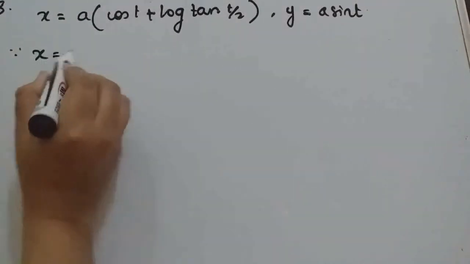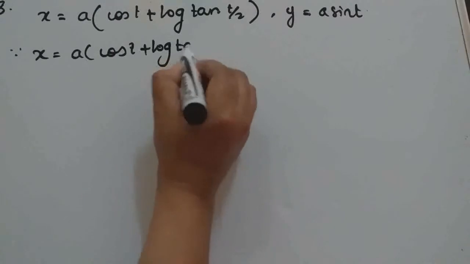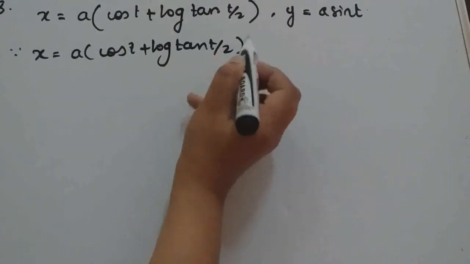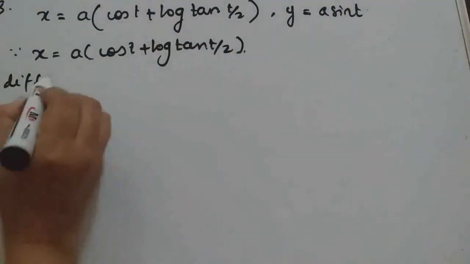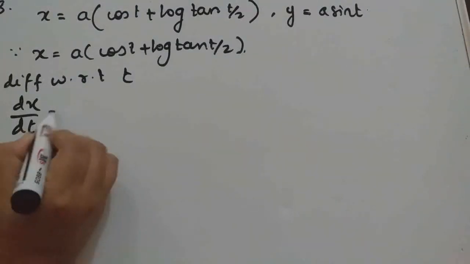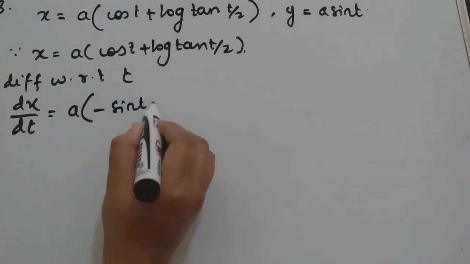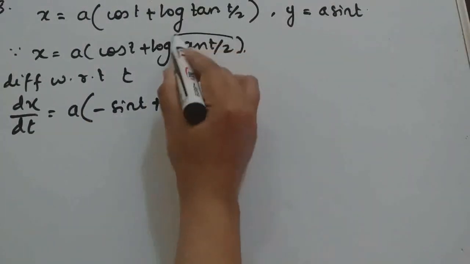Since x is a cos t plus log tan t by 2, differentiate with respect to t. So dx by dt will be, a is coefficient will be same, derivative of cos t is minus sin t, log tan t by 2.